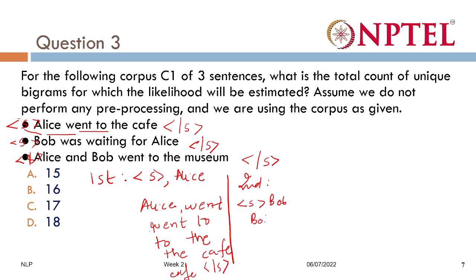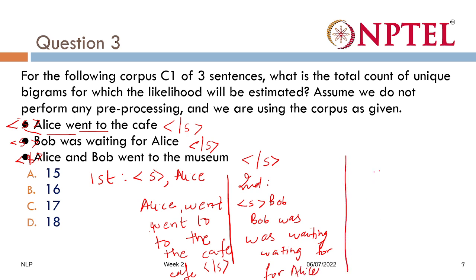Then Bob was, then was waiting, then waiting for, then for Alice. And also Alice and the end of the sentence token.